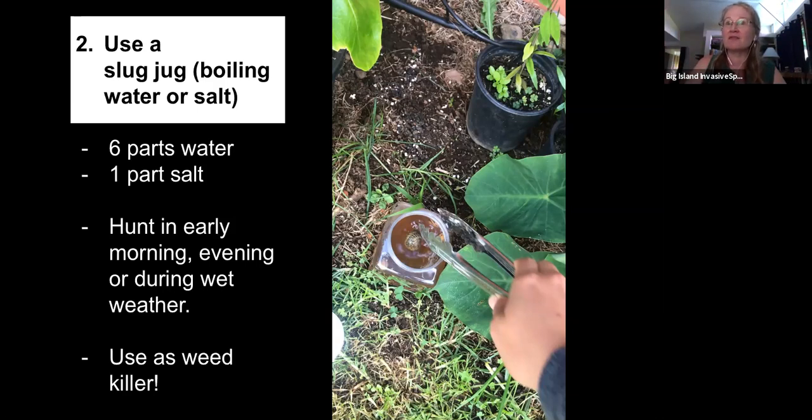So there's a lot of diseases that can be spread through us not washing our hands. Washing your hands is a very powerful way to prevent disease, and humans don't do it enough. So don't stick your fingers in your mouth if you're outside working.